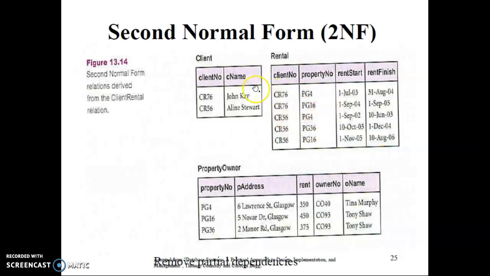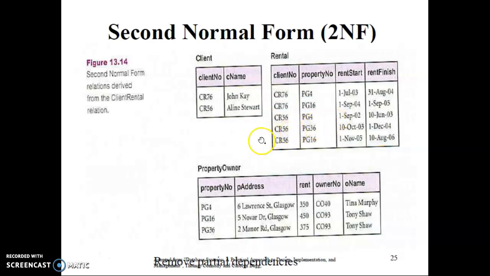CNAME non-primary key attribute depending on primary key client number. And in rental table, all non-primary key attributes rent start, rent finish are functionally depending on both the client number and property number primary key. So the client and rental relations have no transitive dependencies and are therefore already in third normal form.